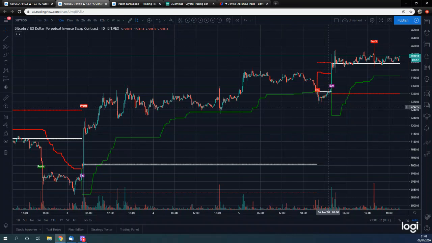So what I'm relying on is getting more than two profitable trades to each one stop loss, because two profitable trades to one stop loss would mean I'm just breaking even, and as long as I have more than two, then I'm making money.